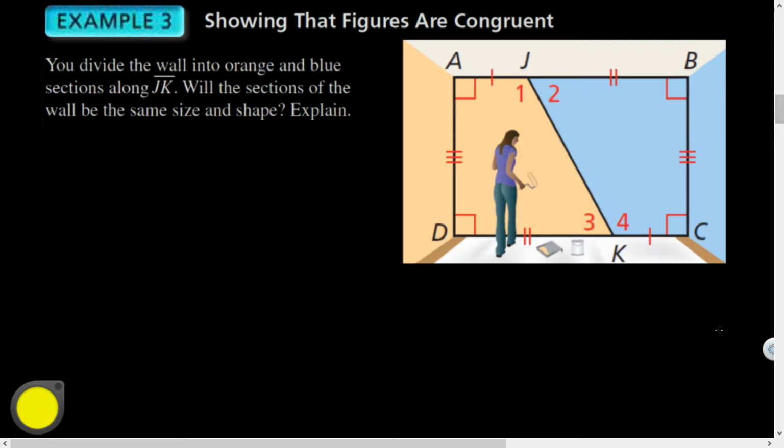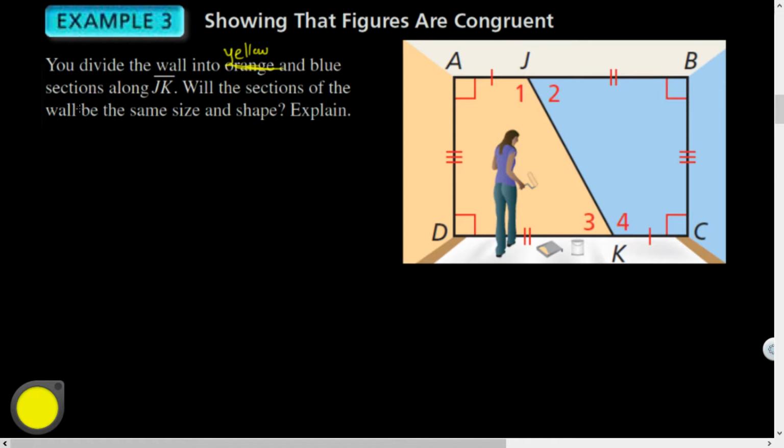Here we go. Showing that figures are congruent. You divide the wall into orange and blue sections along J, K. Oh yeah, that's yellow, we'll call it yellow. So we divide the wall into 2 congruent sections along JK.